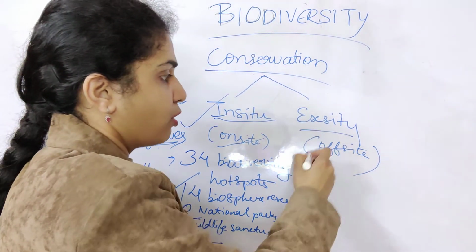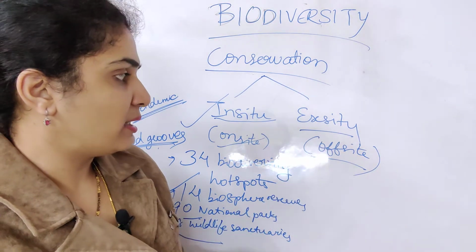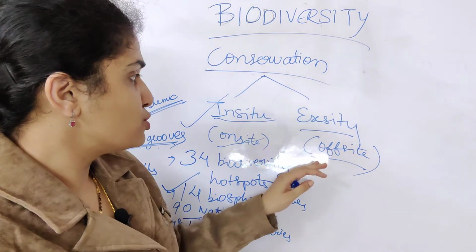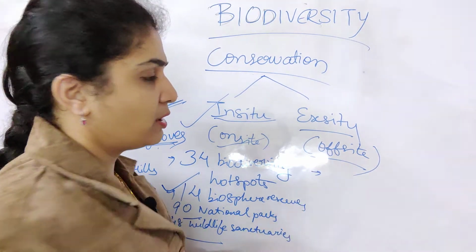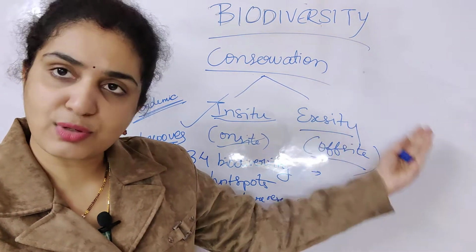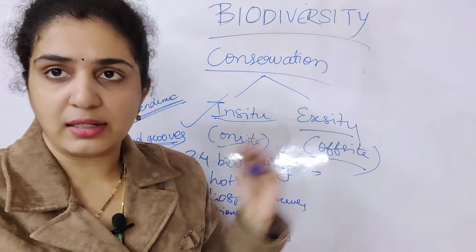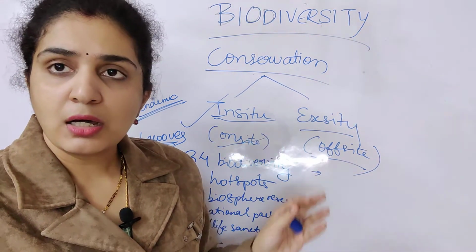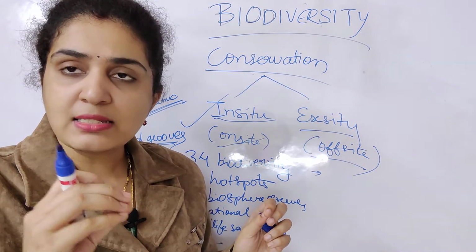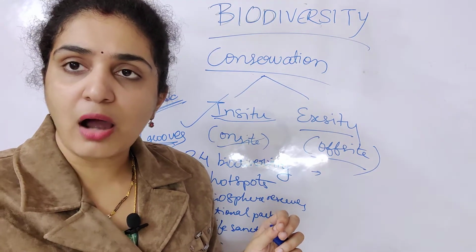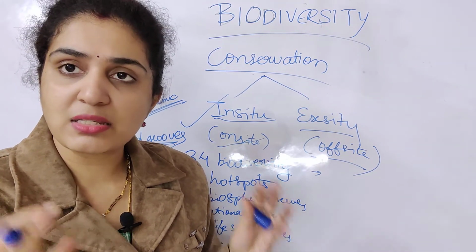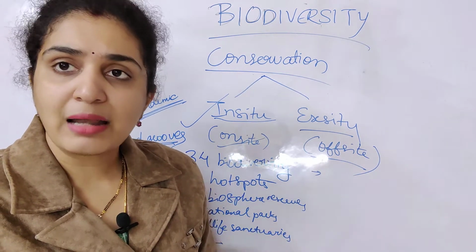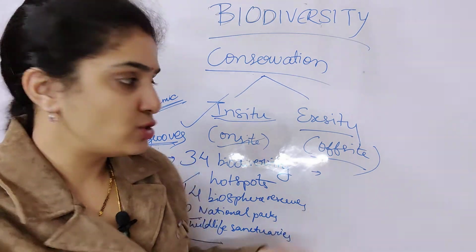Then ex situ, or off-site. When you come to ex situ or off-site conservation, the important point to remember is that here only the animals are preserved. They are taken out of their environment and preserved in man-made areas. What are these man-made areas?